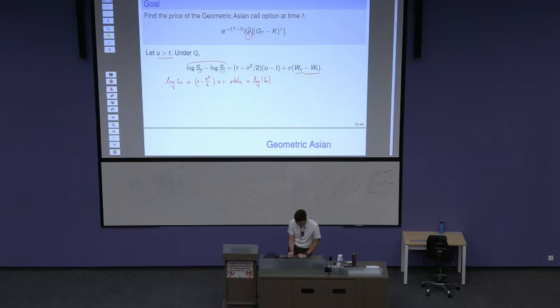Expected value involves, k is fixed, involves Gt. Gt is defined as e to the power Xt, right? So actually, we want to compute the distribution of Xt in order to be able to compute this expected value.